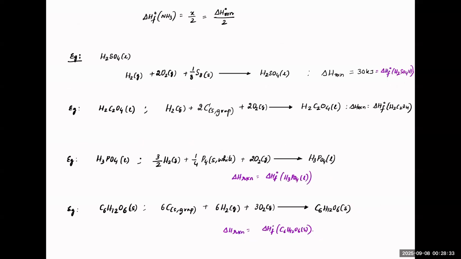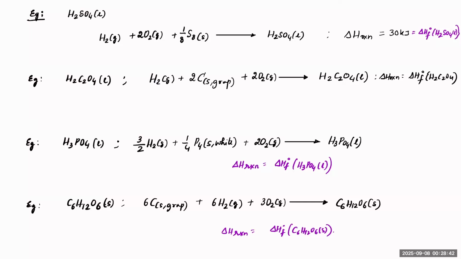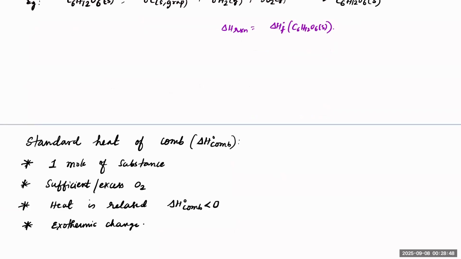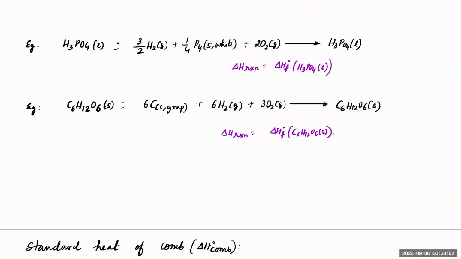Okay, this is how you should be able to figure out and write the chemical reaction for any particular substance. Clear, everybody? Just for the sake of practice, you will now quickly write a few more examples. You can take this as a reference and try writing these examples.